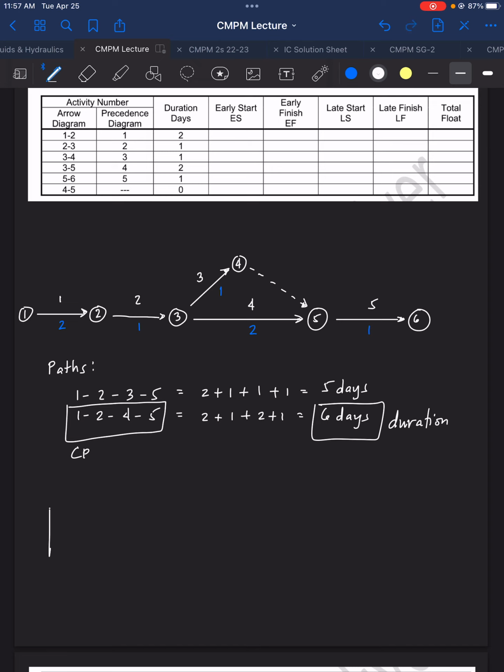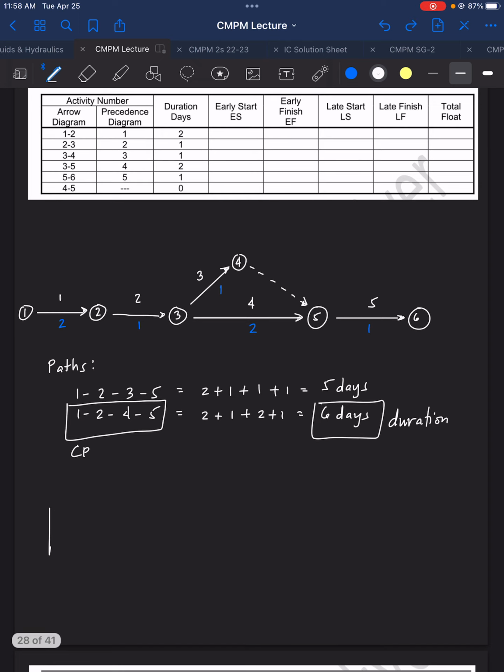I will be using this table, so get used to this orientation, which I will be using in this example.